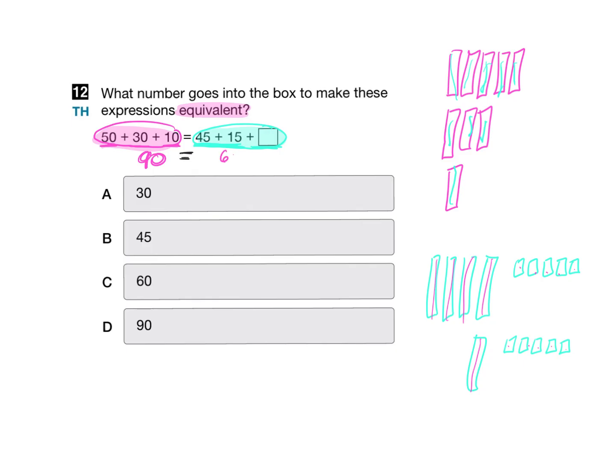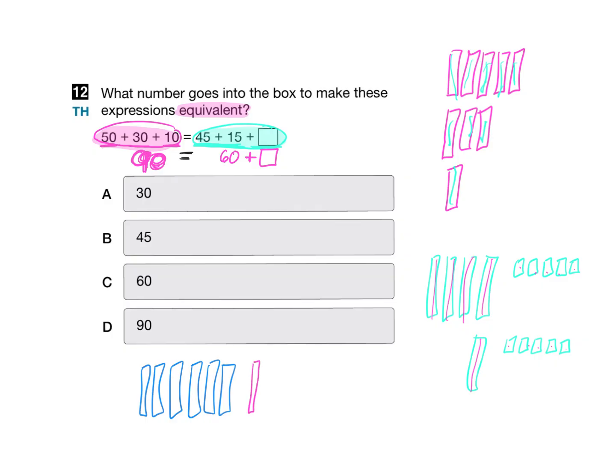So this is 60, plus something has to give us 90. Let's draw 60: 10, 20, 30, 40, 50, 60. How many more do I have to draw to get to 90? I've drawn 60, okay? So let's draw another 10.